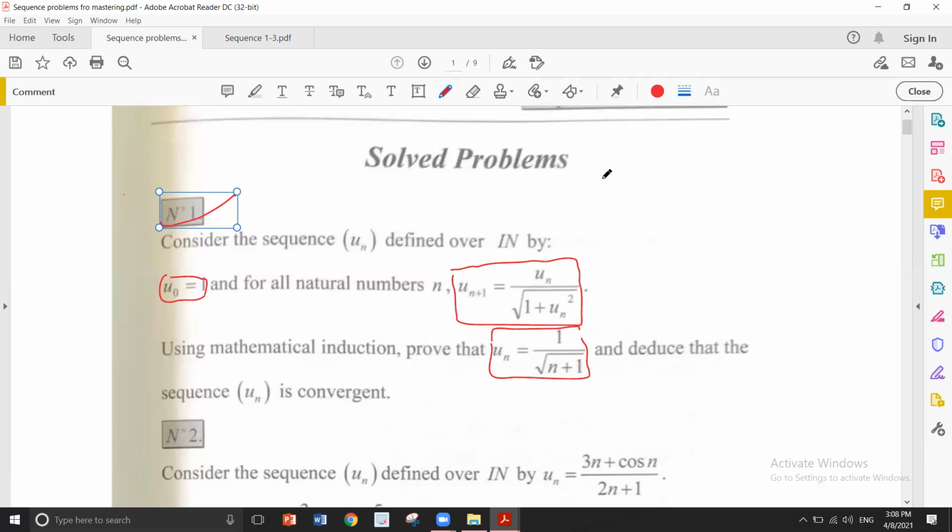So 3 steps. First step, I have to prove this relation is true for the smallest value of n. So I have to prove un equals 1 over radical n plus 1.